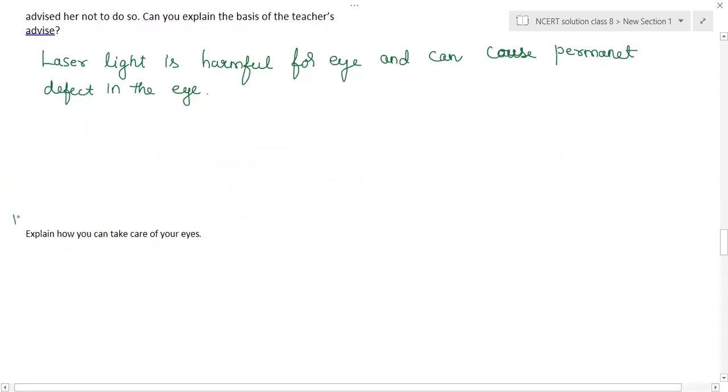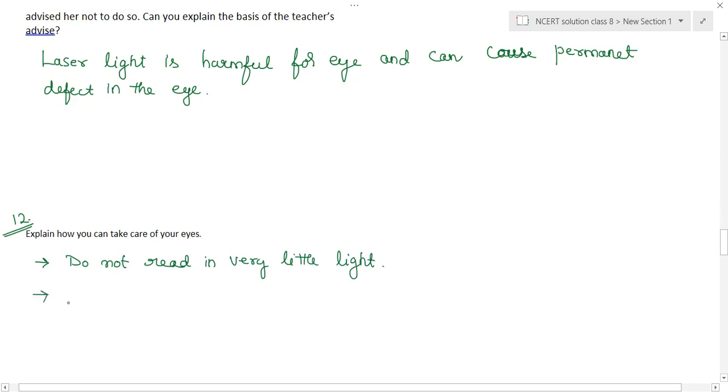The 12th question is asking you to explain how you can take care of your eye. For taking care of your eye, you should not read in very little light or in too much light. Mummy tells you, beta, turn on the light, switch on the tubelight and then study.